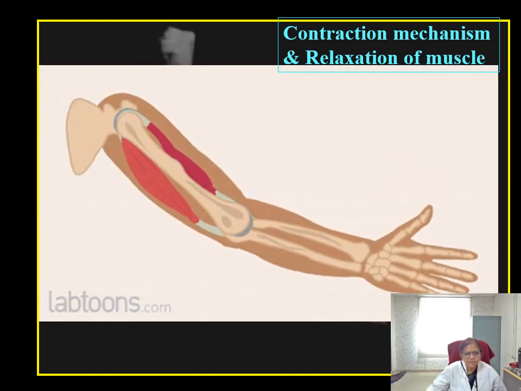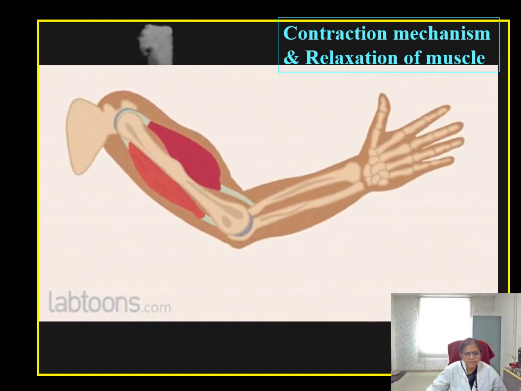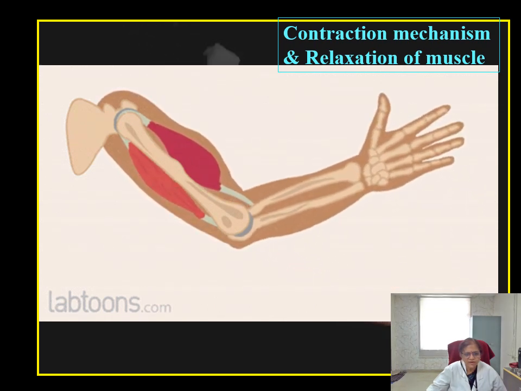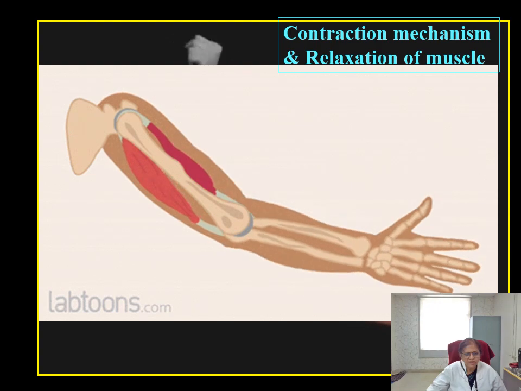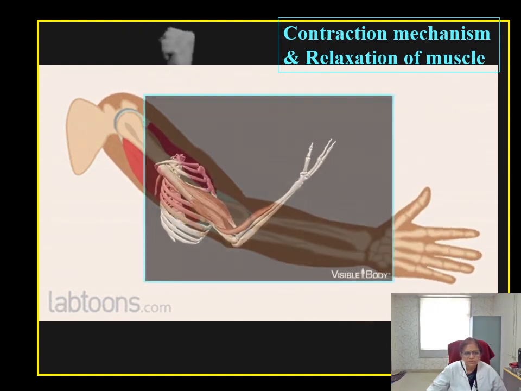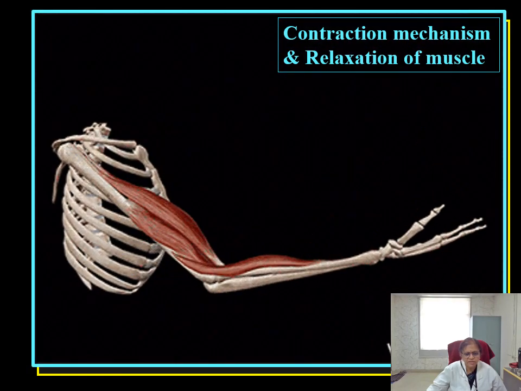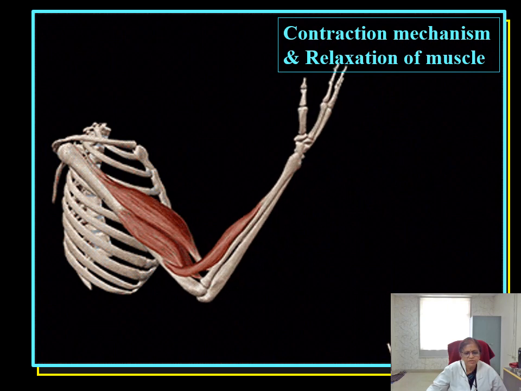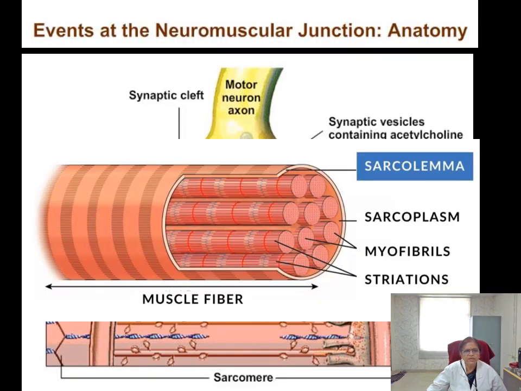This shows how the biceps is contracting on one side, while during extension of the elbow, the triceps is contracted. So we can see grossly how muscle contraction helps in the movement of the joints.